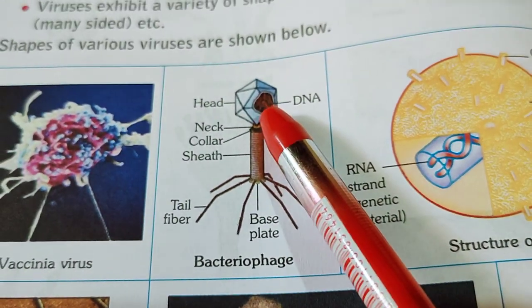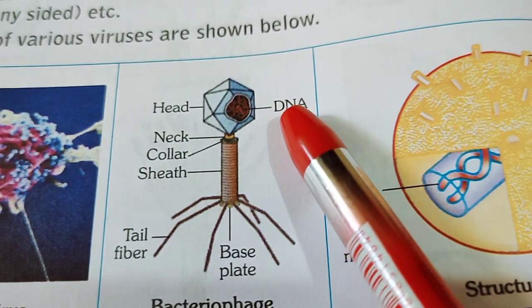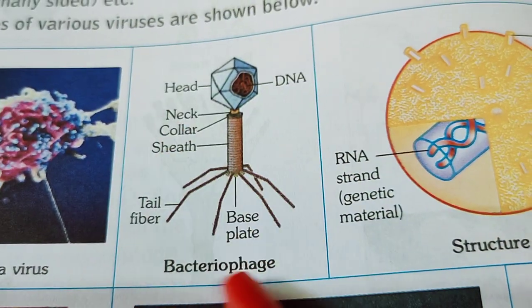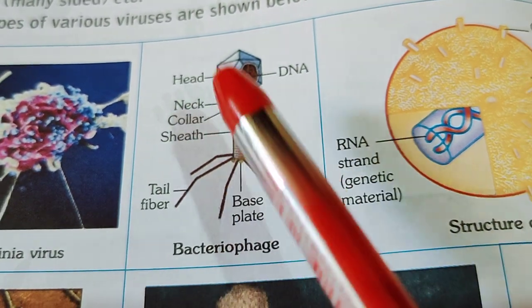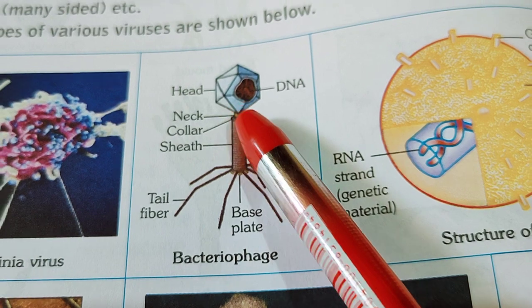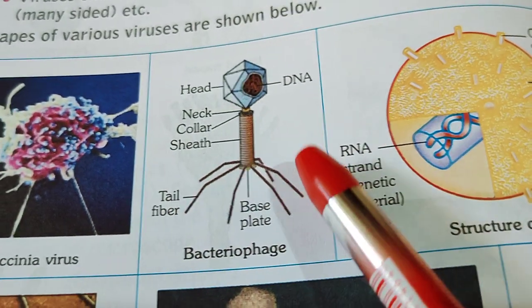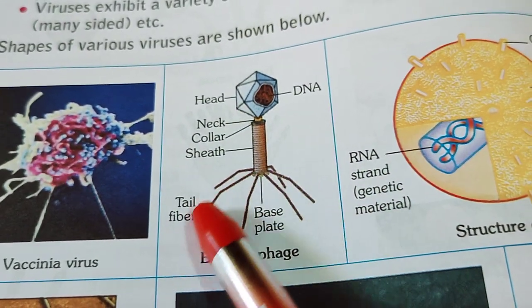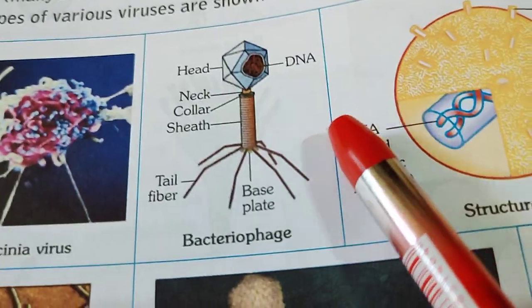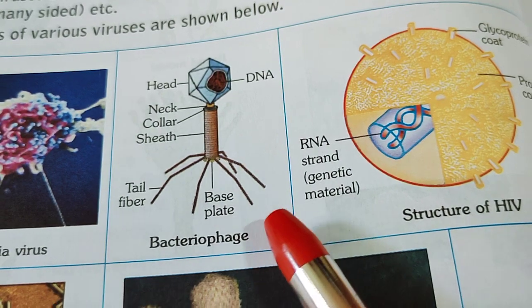You can see in the structure of bacteriophage, the genetic material is DNA, and the entire structure may be divided into three parts: head, neck, and the rest of the body, in which there are tail-like structures. So you please draw the structure of bacteriophage in your CW copy.